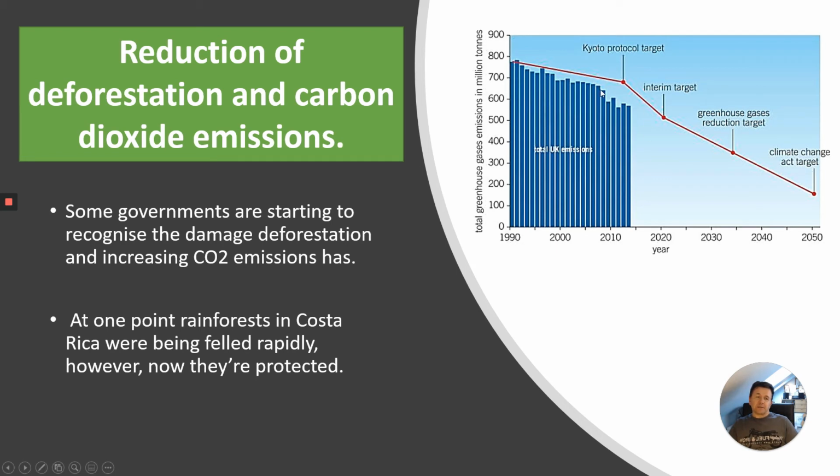Governments have got together on an international level and made agreements to reduce greenhouse gases by putting in place different strategies, such as using renewable energy sources, reducing the use of vehicles and fossil fuels, and helping countries look after the resources that they have.